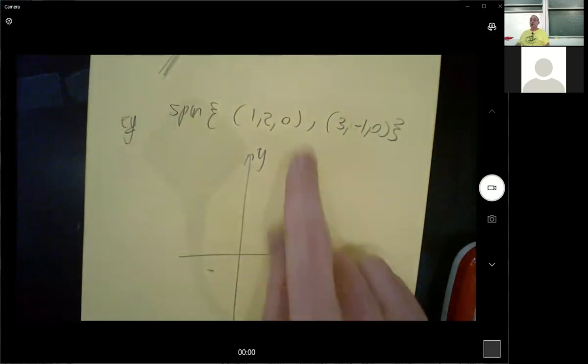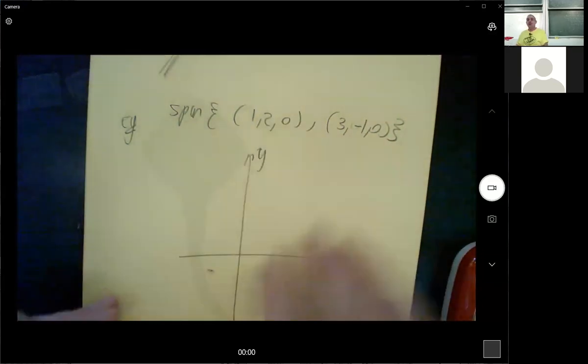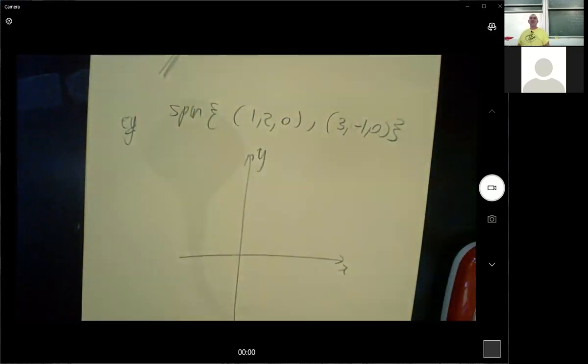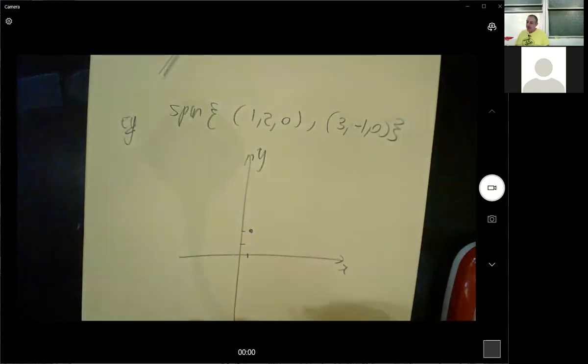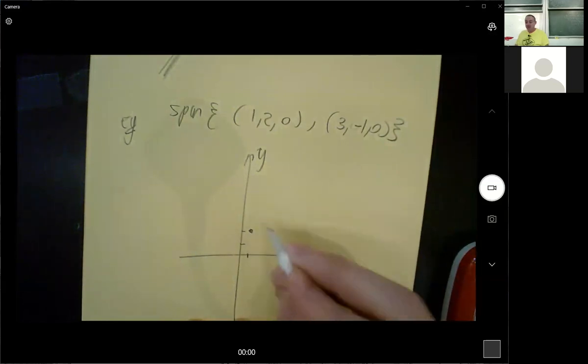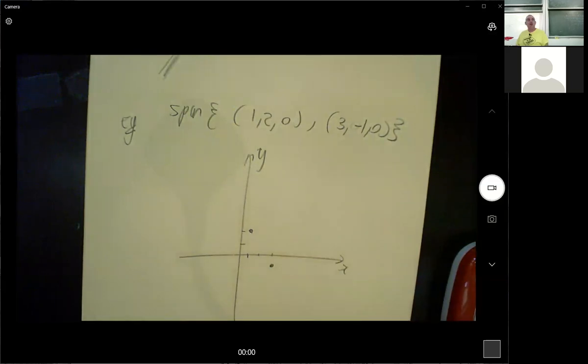But luckily, these two points have 0 as their z-coordinate, and so they're going to be on my piece of paper. So it's technically in 3D, but it will fit on my page. So we have 1, 2, 0, which is here, that don't go up in the z. And 3, minus 1, 0. So that's that point there.